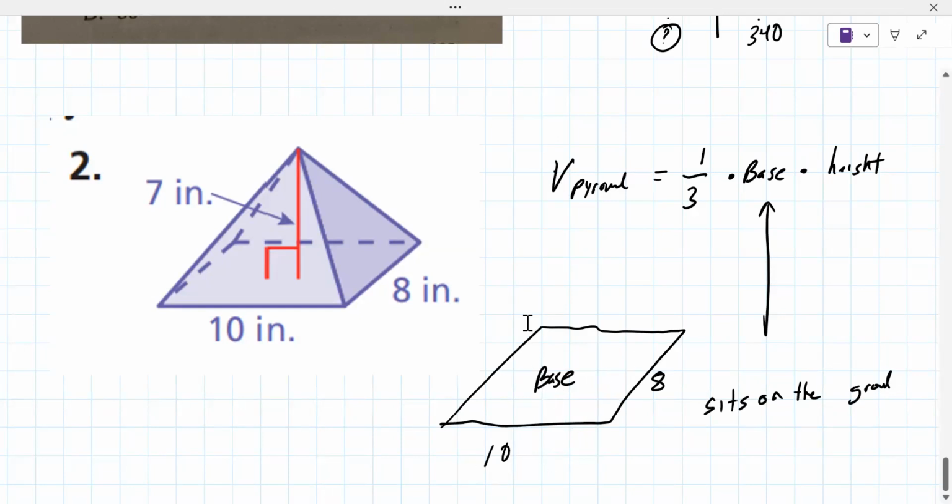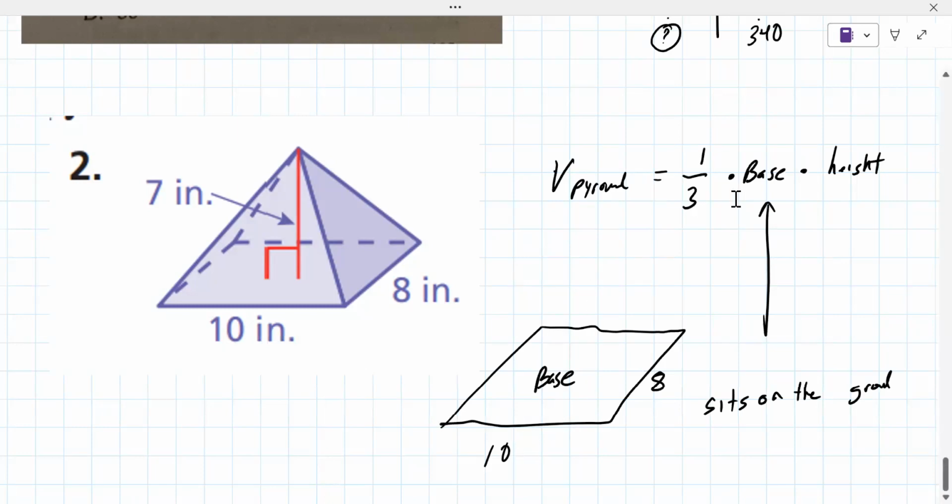How do you find the area of a rectangle? Would it be base times height?